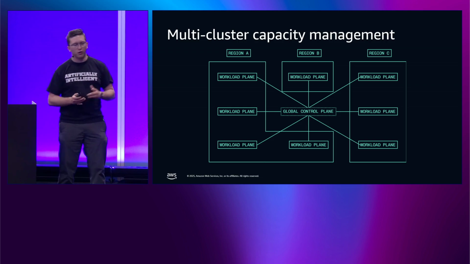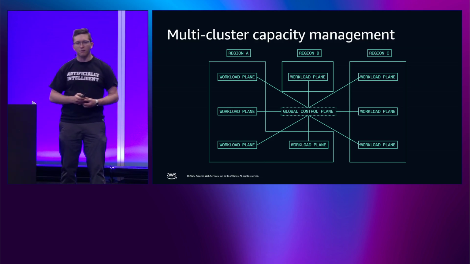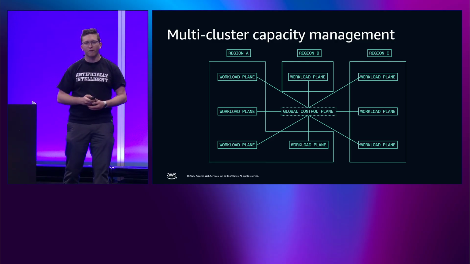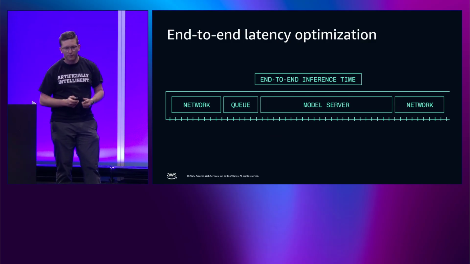That gets you great things like active-active reliability across regions, and makes sure that you have access to both more capacity, more resilience, as well as more geographic proximity to your end users for globally distributed applications.